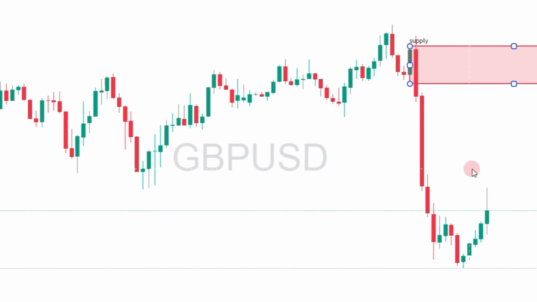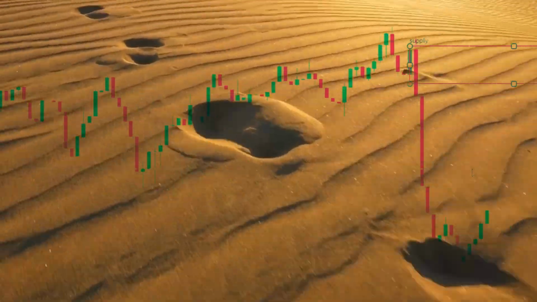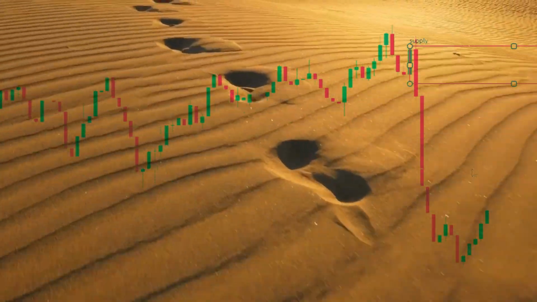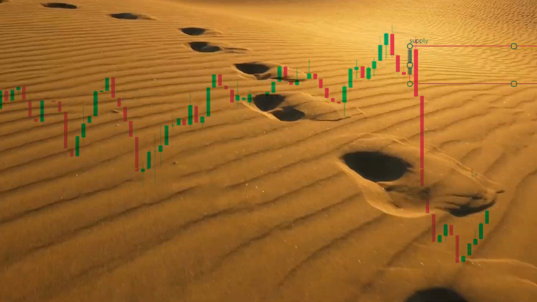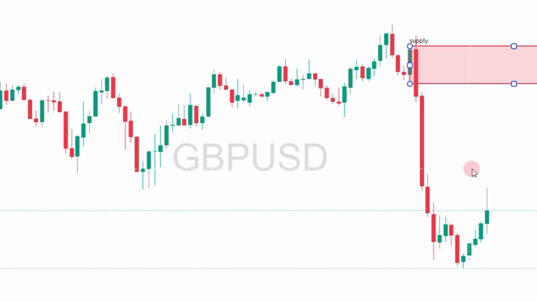And this is where the banks, the big institutions, leave their footprints because you have all this aggressive move coming from this level. Retail orders are left unfilled and an imbalance is created, right? So think of it as what we call smart money displacement.